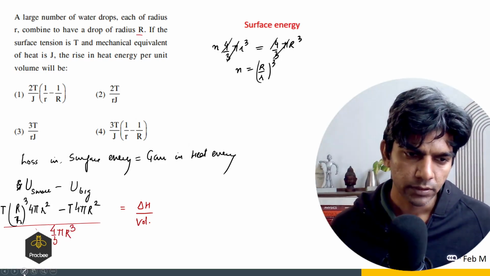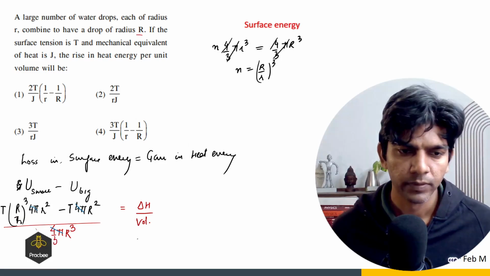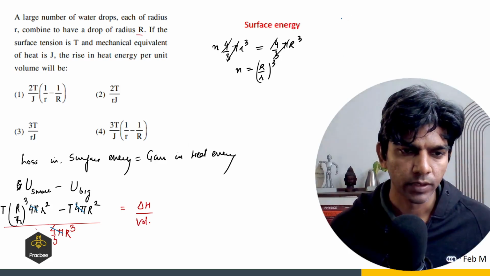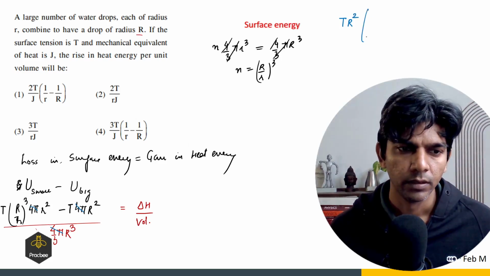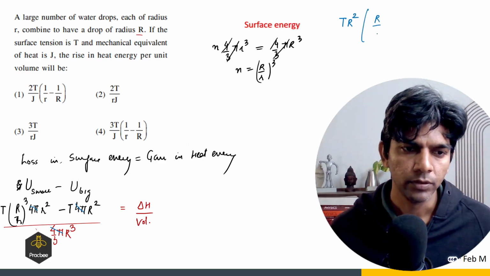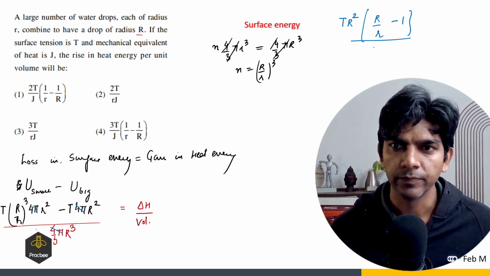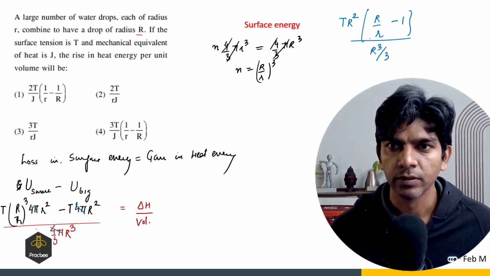So from this we can eliminate 4 pi, right? So this will give us T R square will be common, and then we have capital R upon small r, minus 1 divided by R cube by 3.